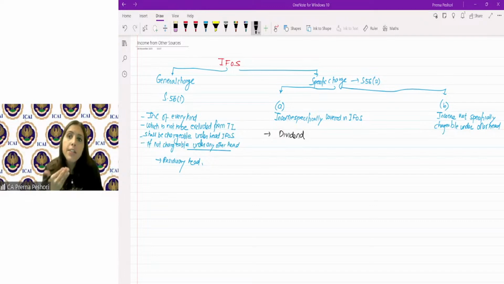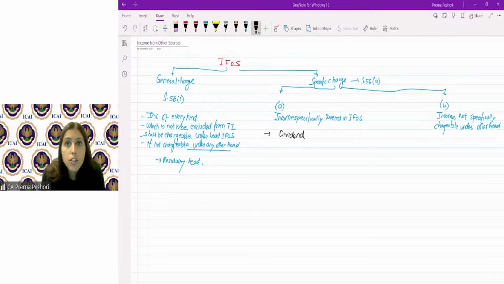Even if it is my business of trading in securities or shares, the dividend that I derive will never be chargeable to tax under PGBP. It will be specifically covered under income from other sources because this is the specific charge. I'm not falling under the general charge. It is specifically listed to be covered over here.